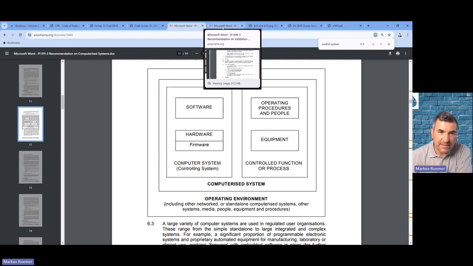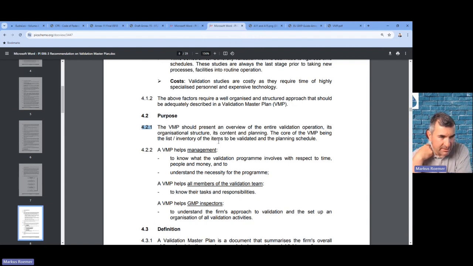The other thing that we put in today here is PI 006, recommendation on validation master plan. So if we want to have a bigger picture, we should also look at the validation master plan, because Annex 15 is defining different, let's call it types or categories of qualification and validation.